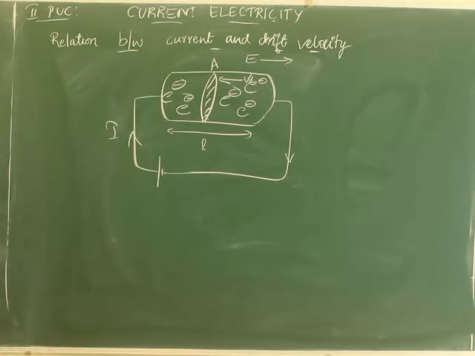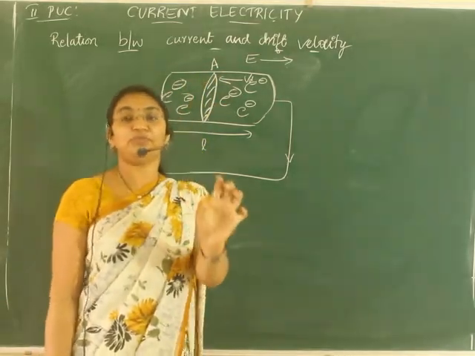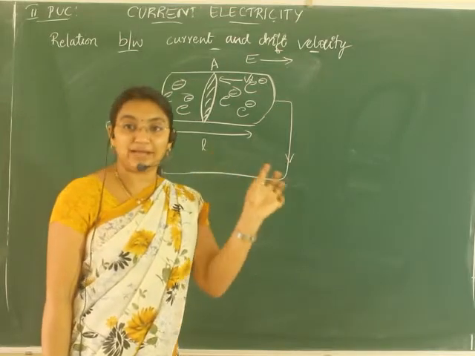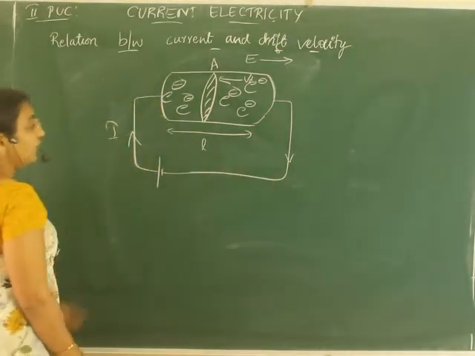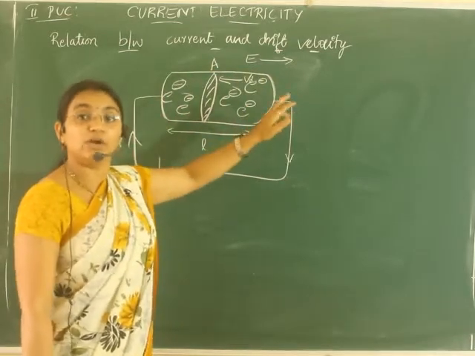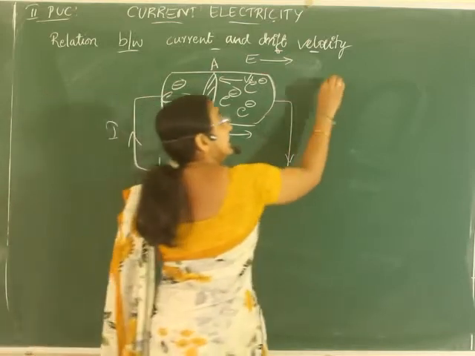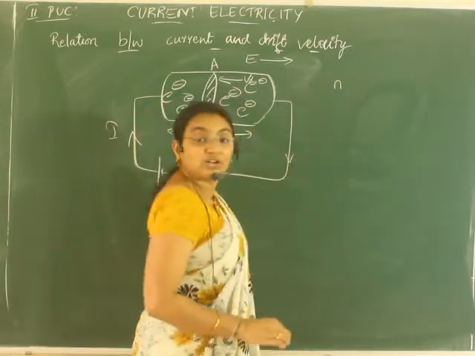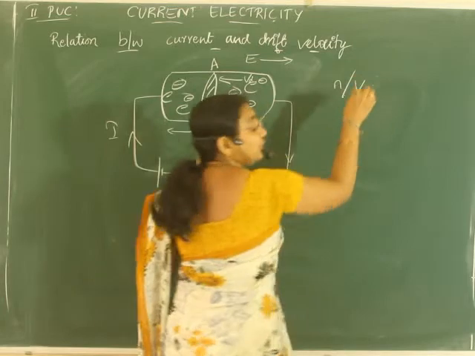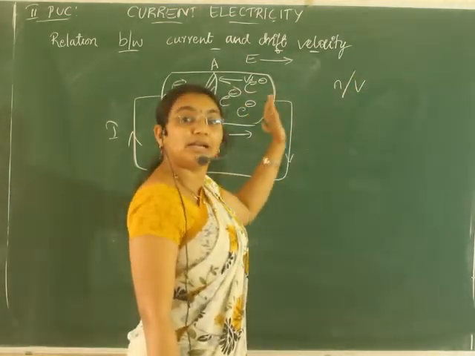Then, if there are n number of electrons per unit volume, then for the full volume of this conductor, what is the total number of electrons? n number of electrons per unit volume it is. So for the whole volume, what is the total number of electrons?